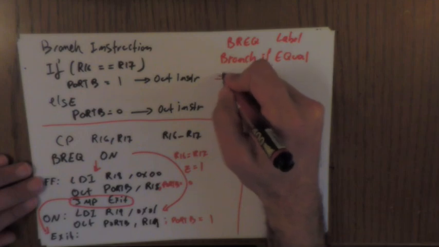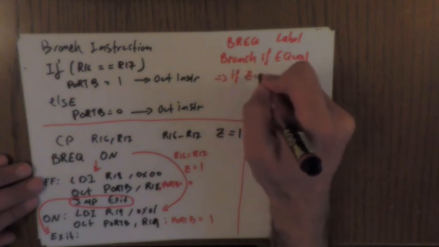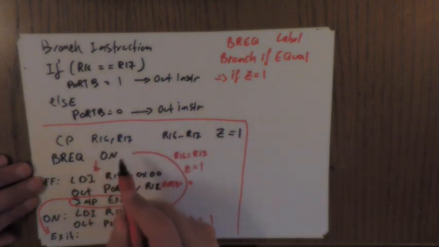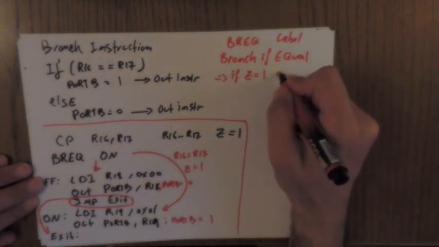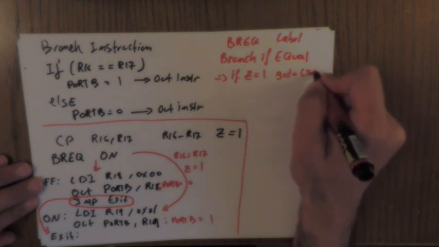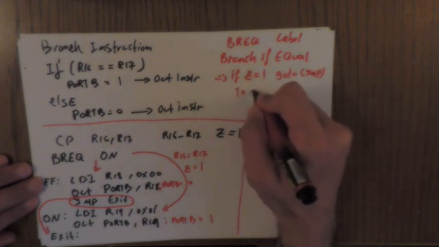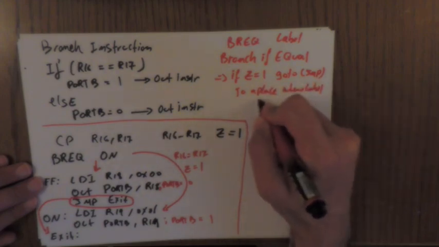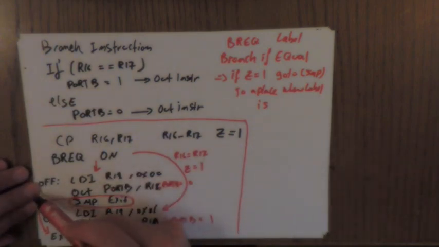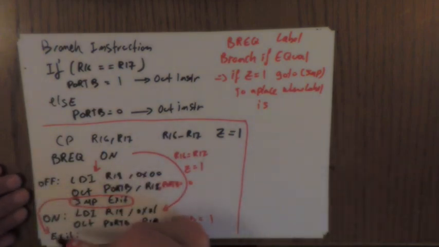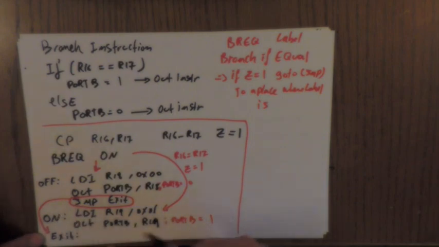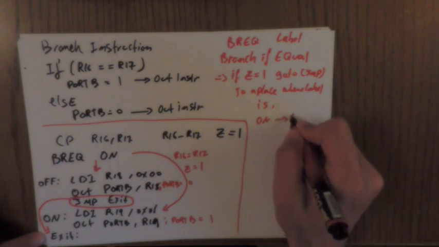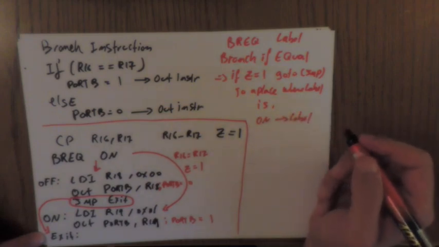This means if Z equals 1 based on a previous operation, in our case it will be CP R16, R17, go to or jump to a place where the label is. On is a label, we place it with two dots. So in our case, on is the label and should be some sort of an address in ROM.